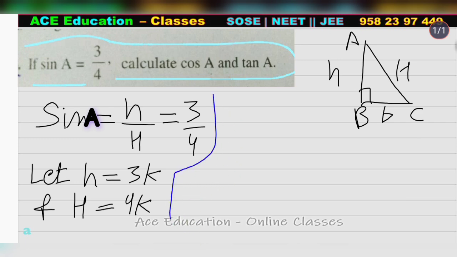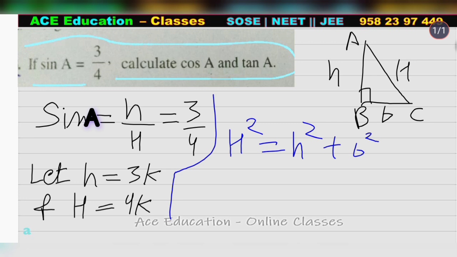So according to the Pythagoras theorem, we can write capital H square equal to small h square plus b square, that is hypotenuse square equal to height square plus base square.